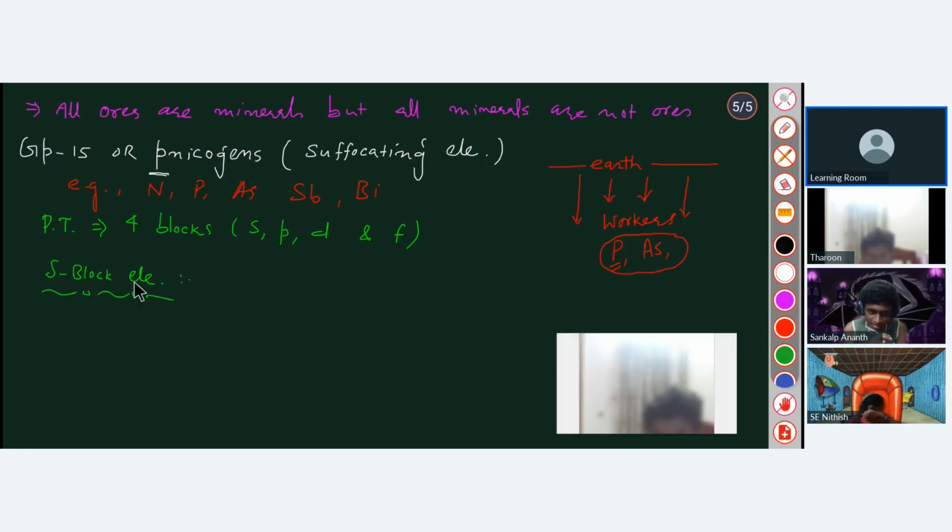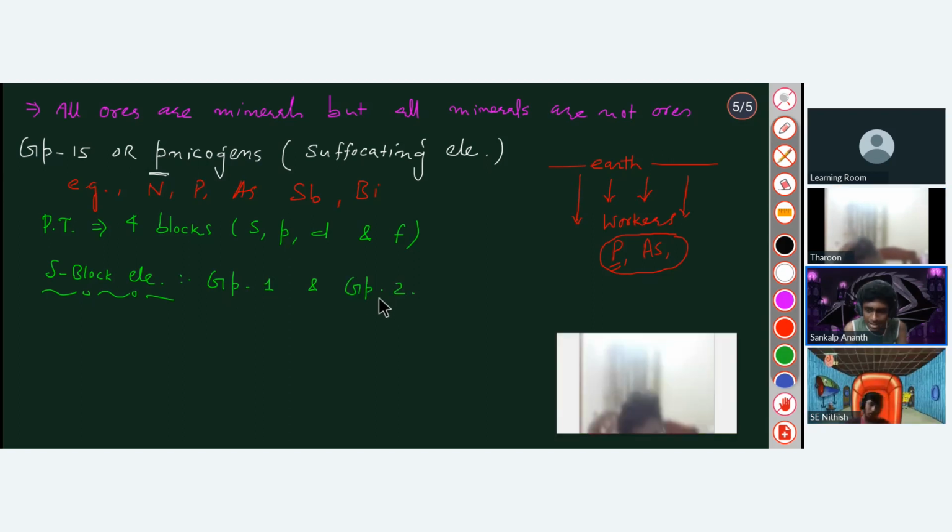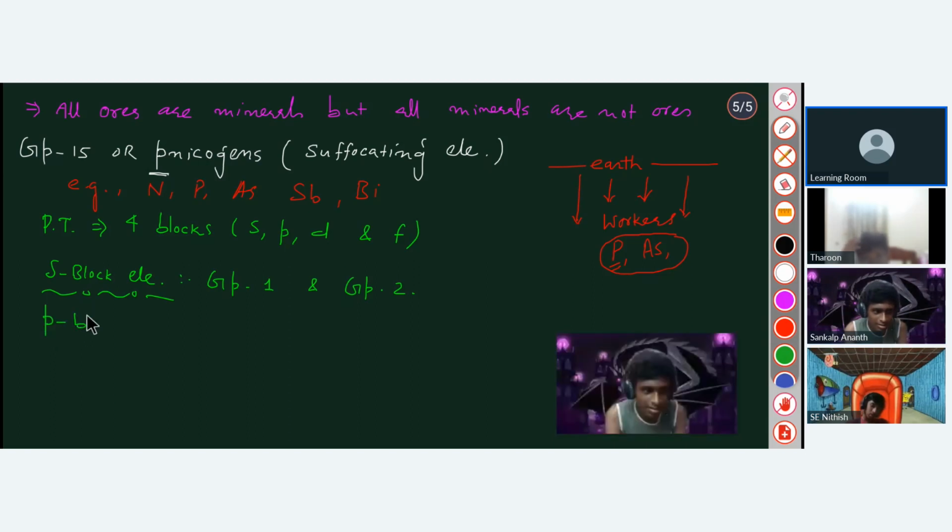S block elements constitute 2 groups, that is group 1 and group 2. P block elements are those which start from group 13 to group 18.